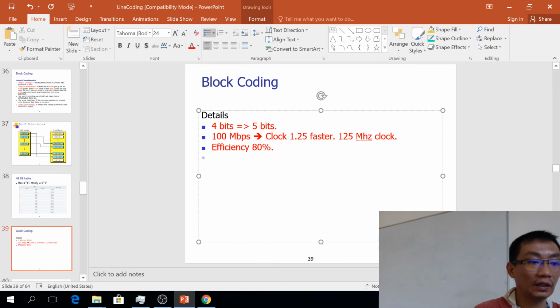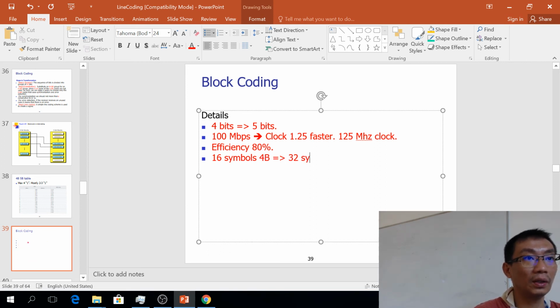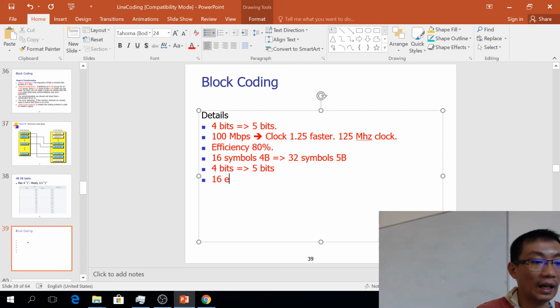So you have 16 symbol 4B. You're going to map to 32 symbols 5B. Alright? That means that you have 4 bits. You're going to map it to 5 bits. Correct? So you have 16 and 32. You still got 16 extra symbol. Correct?